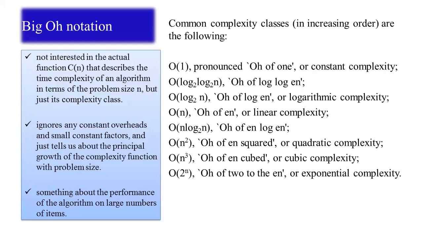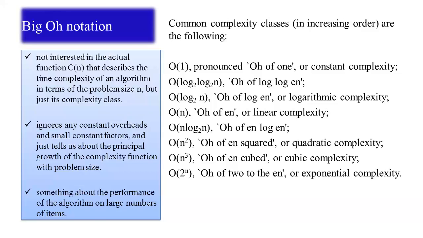This big O notation will tell only the principal growth of the complexity function. As is obvious, if you say n power 4 plus n square, we are going to just project n power 4, which means we ignore the n square there. It only talks about the principal growth of the complexity function with respect to the problem size. And it should tell about the performance of the algorithm, especially when the numbers are large.